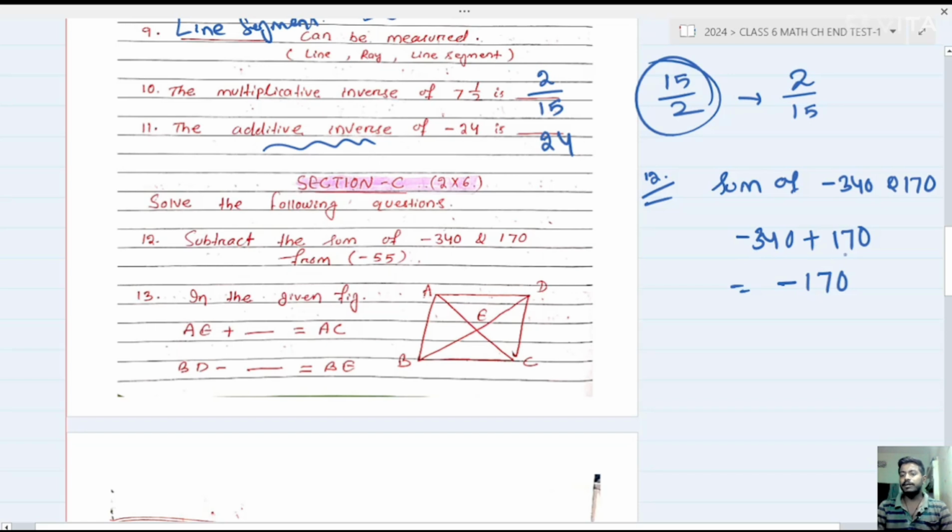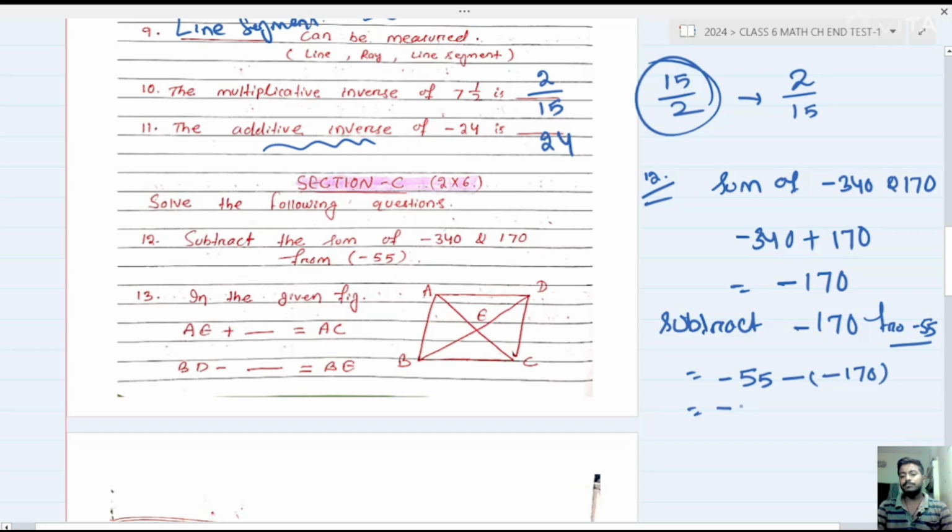So 340 minus 170 is 170, put the bigger number's sign, that is minus. Now write subtract minus 170 from minus 55. So write the first formula, that is minus 55 minus minus 170.